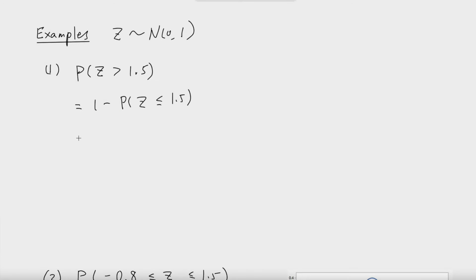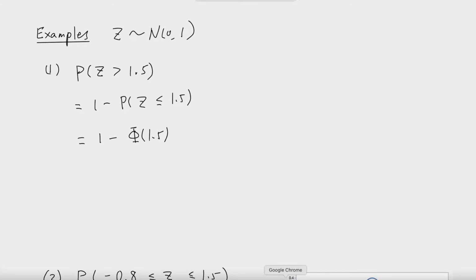This is equal to 1 minus Phi of 1.5. Recall that Phi is the notation we use for the distribution function of a standard normal. Now to calculate this Phi, we can use the function pnorm in R. So let's do the calculation.